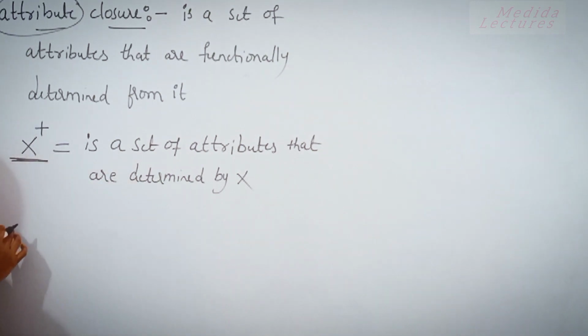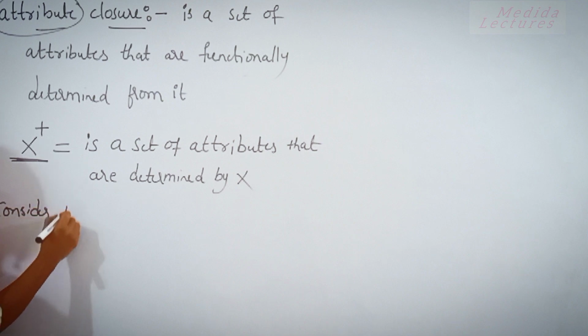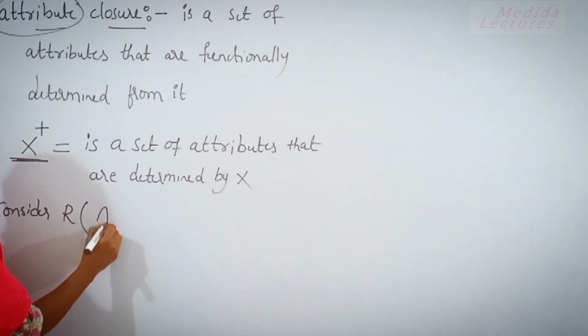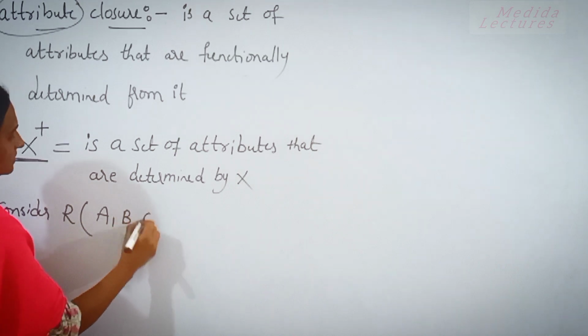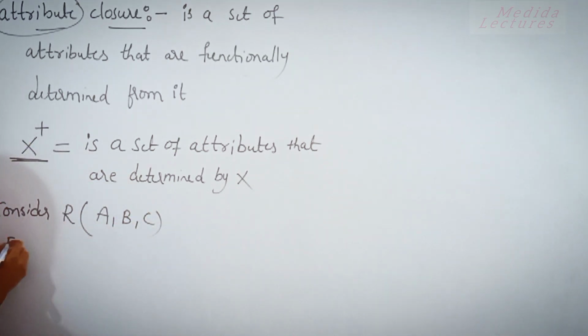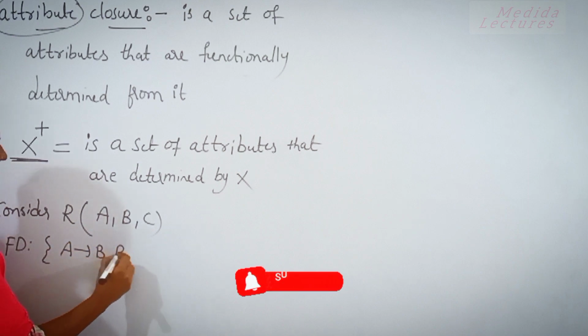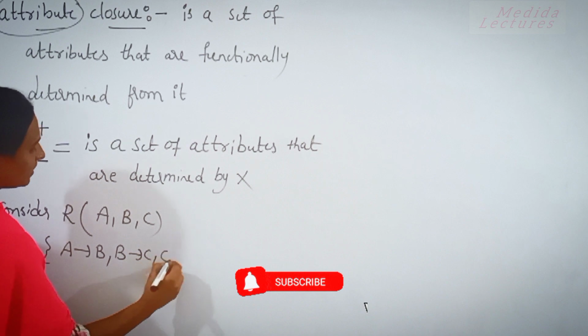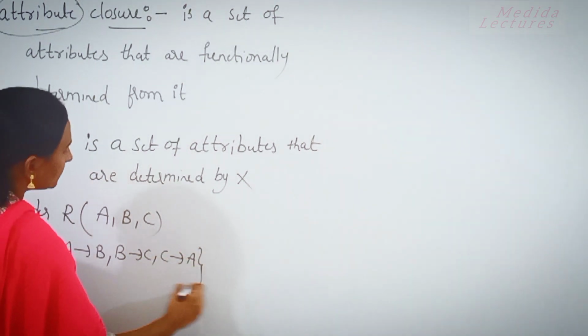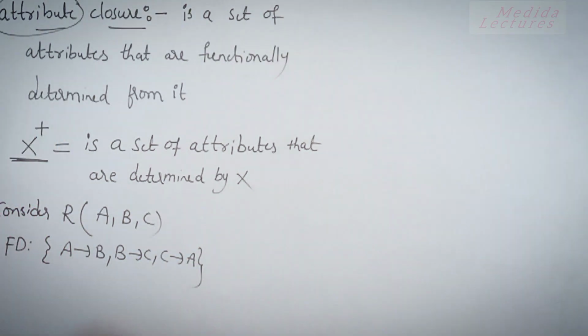I am taking one example. Consider relation R of A, B, C. I am taking the functional dependencies: A determines B, B determines C, C determines A. So how to find out attribute closure?